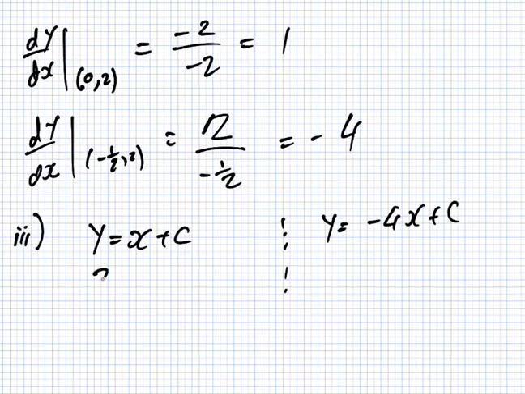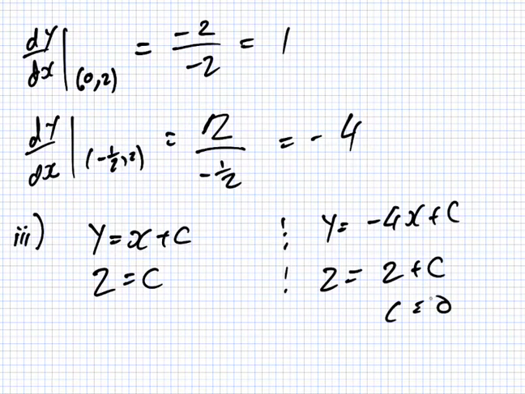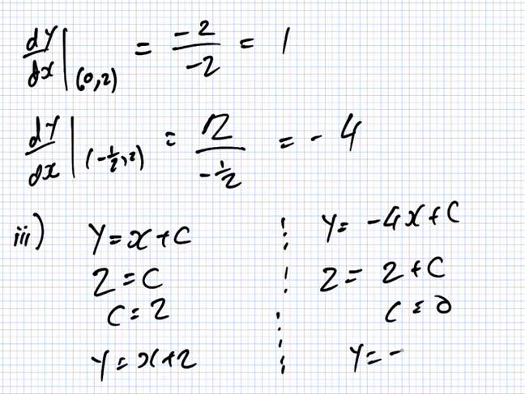So c equals 0, and this one will be 2 equals 2 plus c, so c equals 2. y equals x plus 2, y equals minus 4x. No, that is wrong. Minus a half times minus 4 is 2. Oh no, that is right.